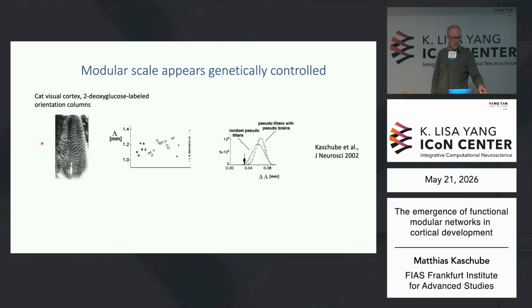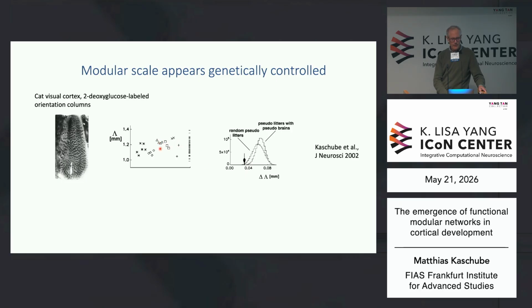And so what we observed back then is that the periodicity between columns, so the spacing between columns, appears to be genetically controlled, and the evidence for that was that littermates turn out to be closer in their column spacing than non-littermates.